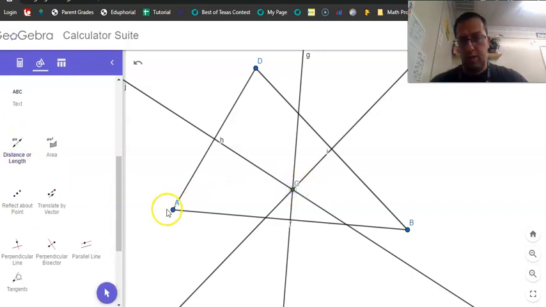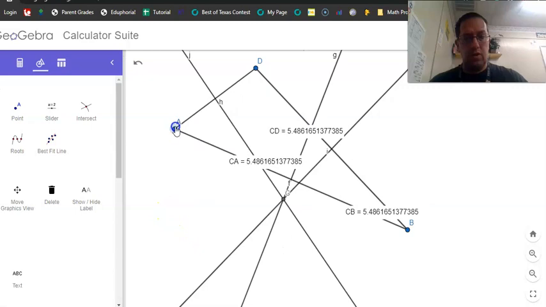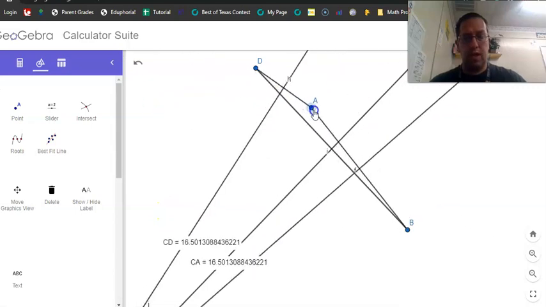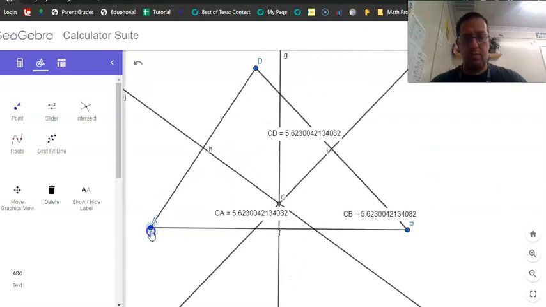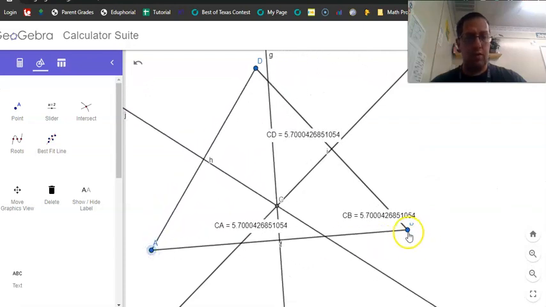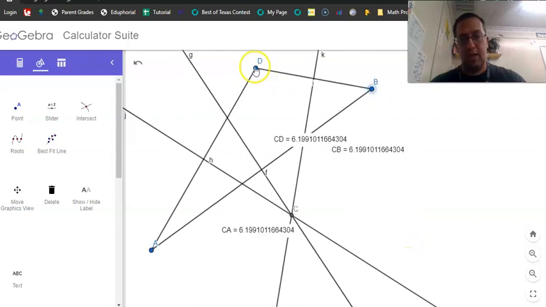So the distance from C to A, the distance from C to D, the distance from C to B, and notice all three of those are the same. So the circumcenter is the same distance to all of the vertices, not to all of the sides.